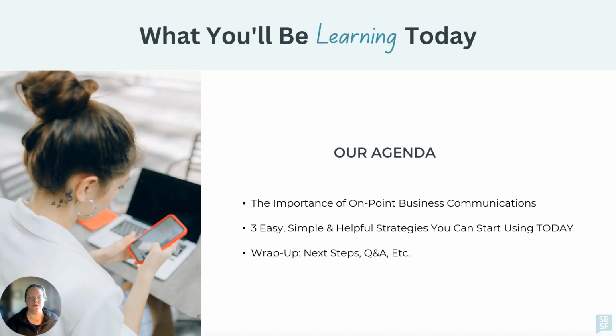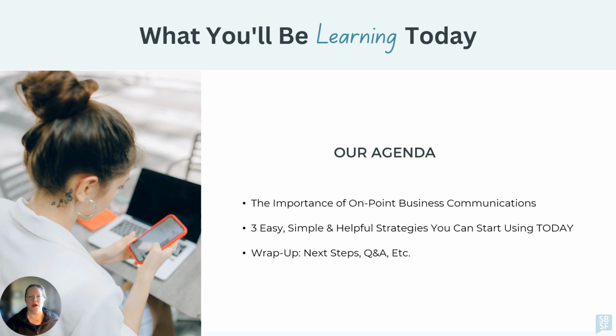So in order to do that, we're going to discuss the importance of having really on point, really tight business communications, then move into 3 pretty straightforward strategies that you can use starting today to help improve your communication so they get to be more streamlined and on point. And then we'll wrap up with next steps and resources.